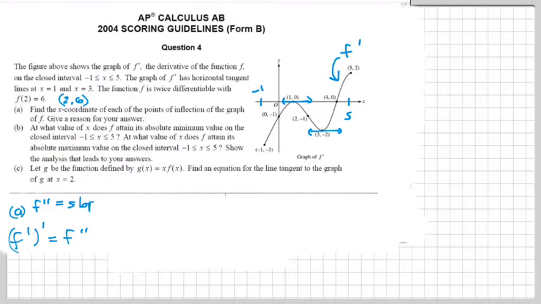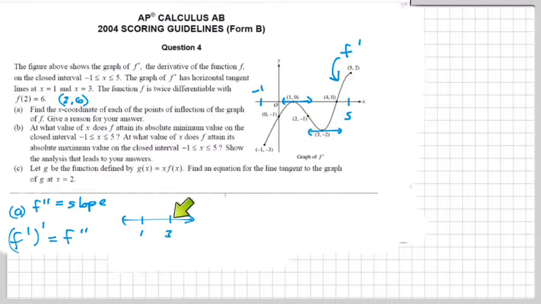It'd be the slope. So look at the slope right here. Where does the slope change signs? It looks like the slope is changing signs at 1, because we're increasing and then we're decreasing. When we're increasing, the slope is positive. When we're decreasing, the slope is negative. And then we're increasing again, so we change signs at 3.